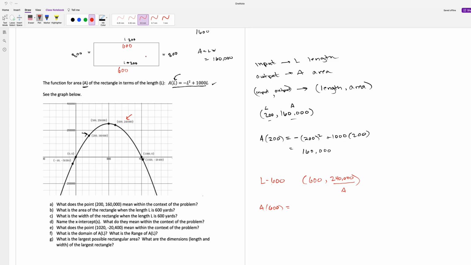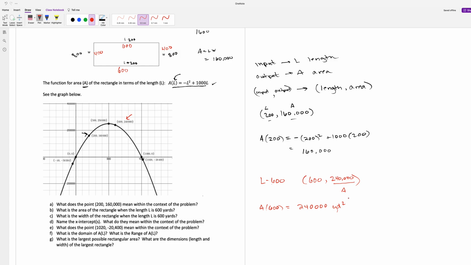If I subtract that from 2,000, I have 800 left, which gets split between the other two sides. So the perimeter is 2,000, and the area would be 600 times 400, or 240,000. And again, that's area, so we would say yards squared.